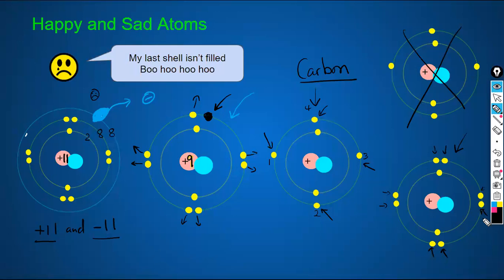Atoms only enter reactions to achieve happiness. An atom will enter a reaction so it can either gain or lose electrons to become happy. Whenever an atom has its last shell completely filled, he will never enter a reaction. Why would he enter a reaction?